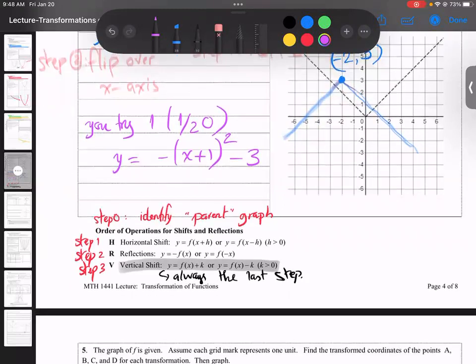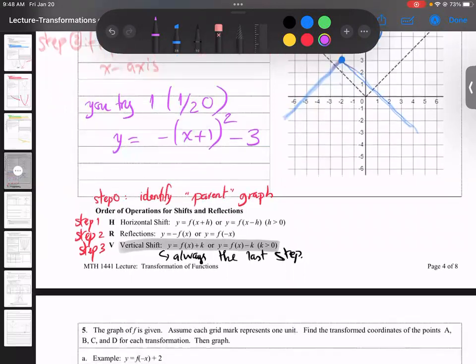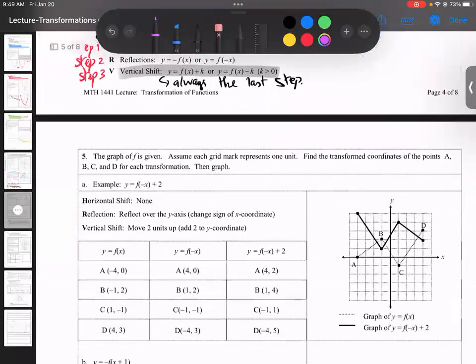All you do is pick the right graph. Right, move on to number 5. A little bit more abstract for number 5.